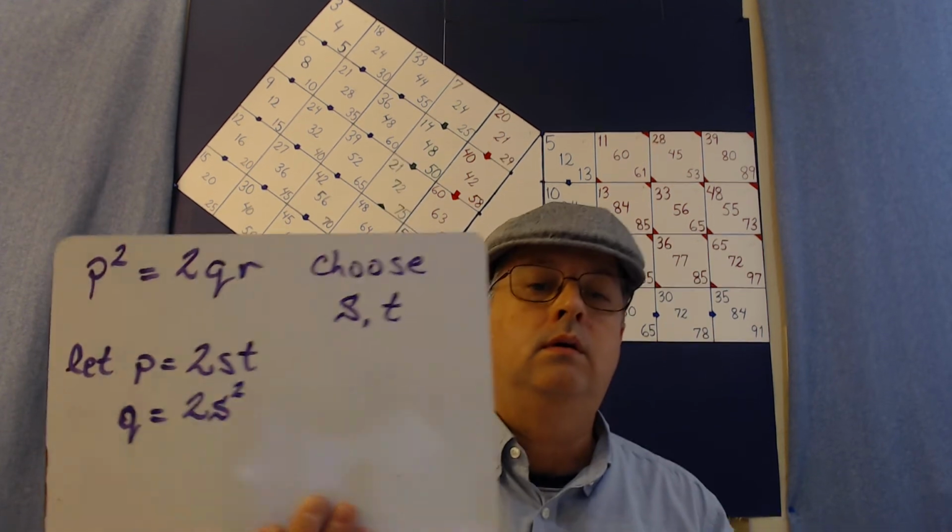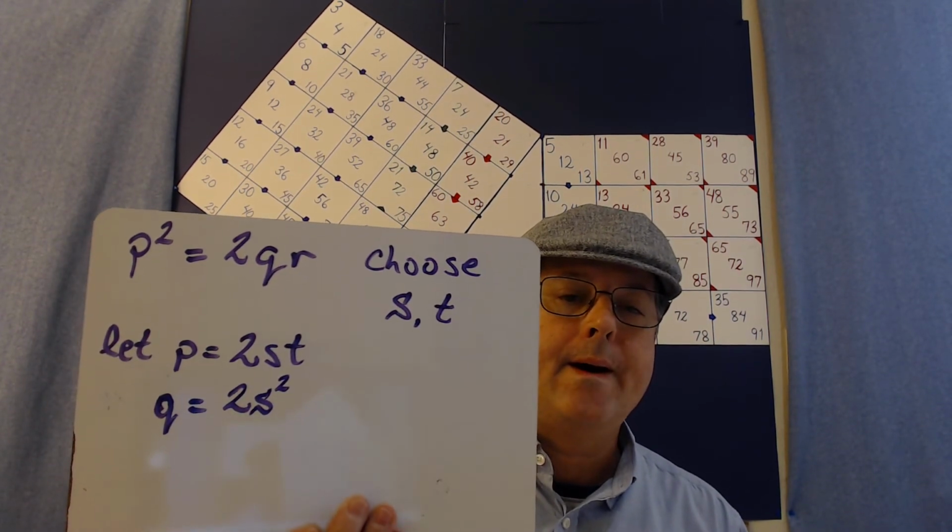And then let's have q equal to 2s squared. And let's have r be equal to t squared.